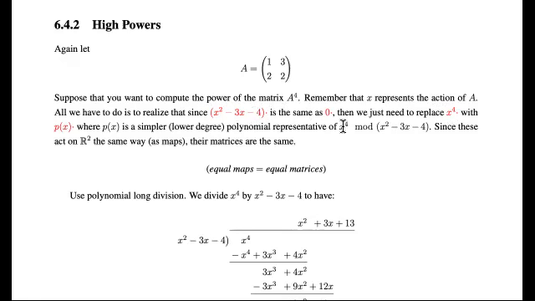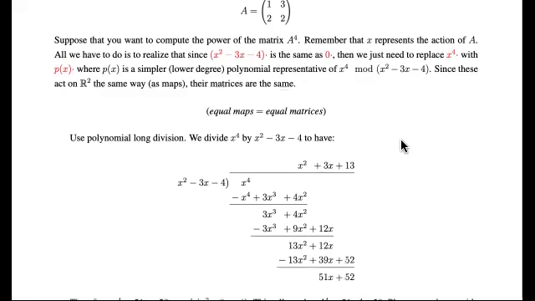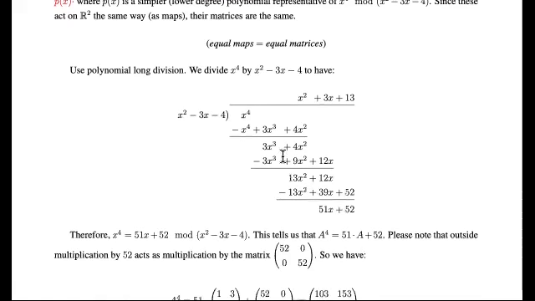Wow. I mean, to compute x to the fourth, we don't have to raise it to the fourth power. We can look at even a simple representative in this mod. Here, we can do a polynomial division, and we look at the remainder, 51x plus 52. That's the remainder, and it is a simpler representative of x to the fourth in this mod.